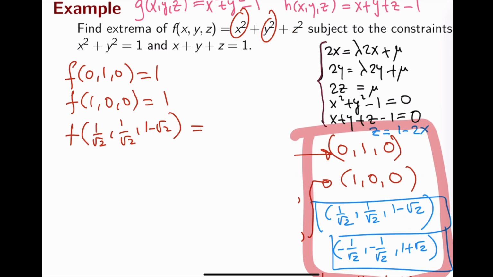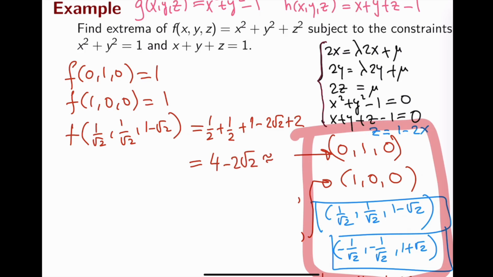That's what we need to do for this function. So the square of the first one will be just 1/2 plus 1/2 plus the square of this, that is 1 minus 2 square root of 2 plus 2. Well, we do the operations here, and we get that this is equal to 4 minus 2 square root of 2, which is approximately, because we need to know approximately to be able to compare, right? It's approximately 1.2.